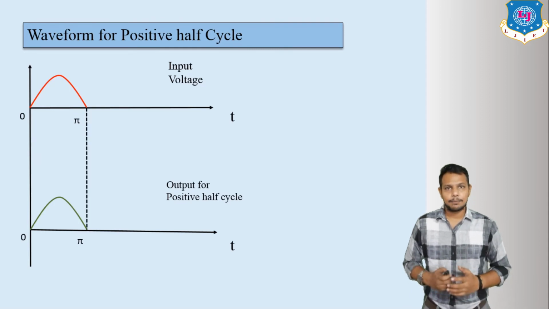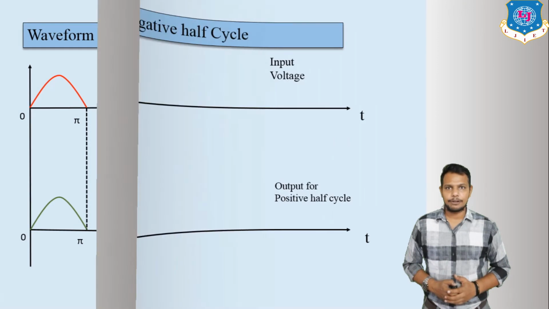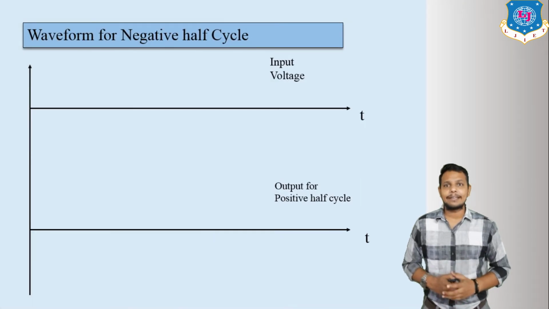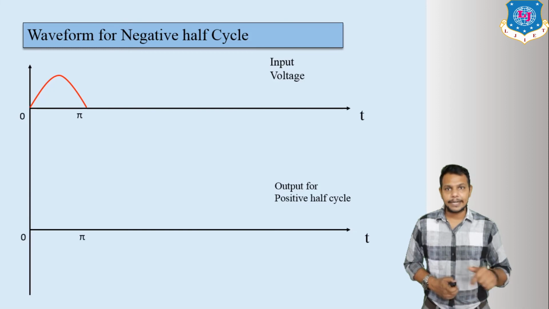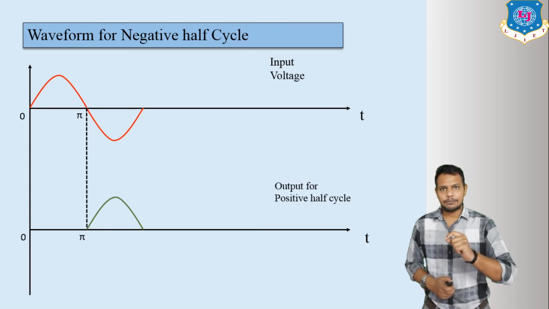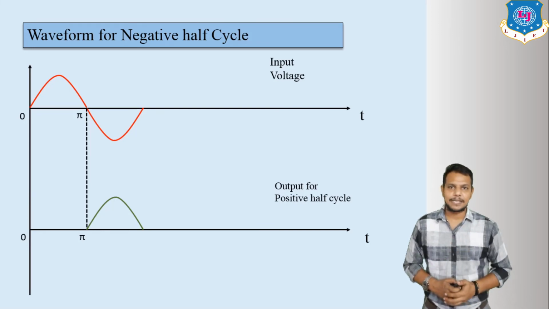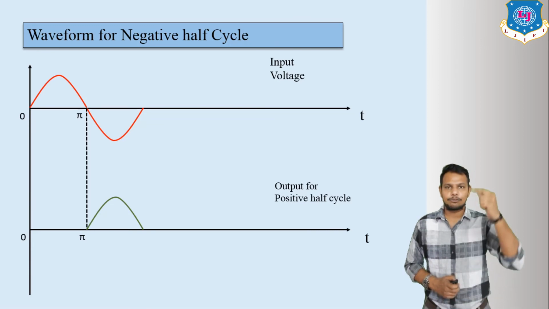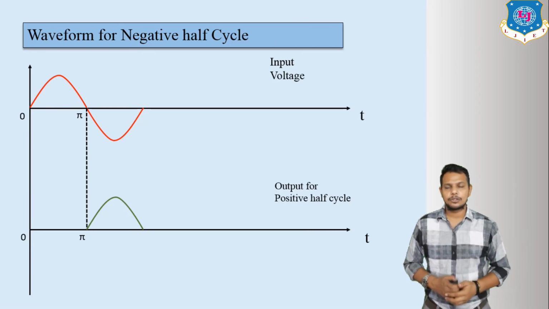Now for the negative half cycle, if we enter the negative portion, pi to 2 pi, we will get a positive waveform because it is the same as we discussed in the positive half cycle. Current is always flowing from plus to minus, so here we will get positive.